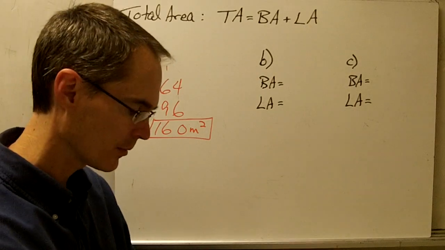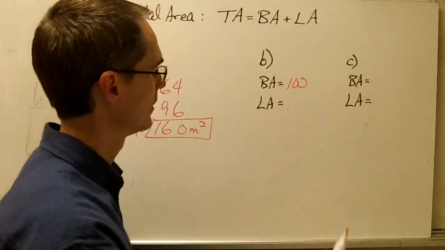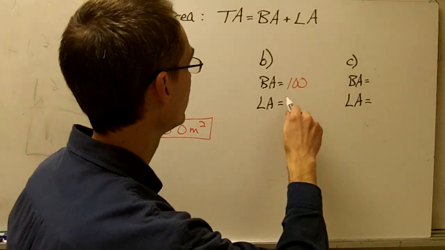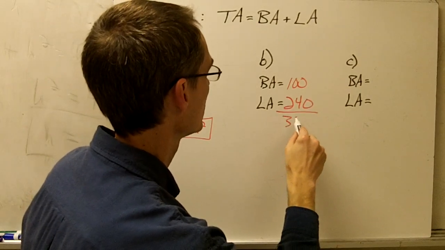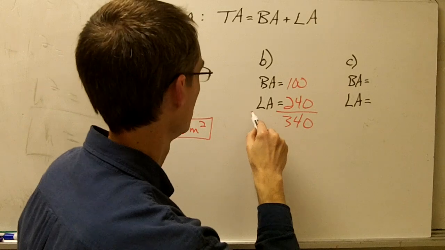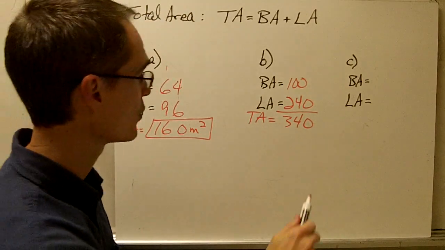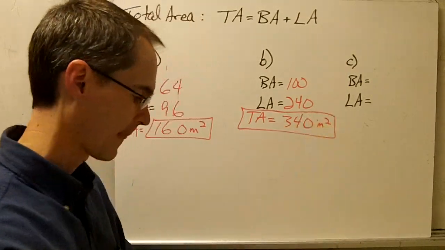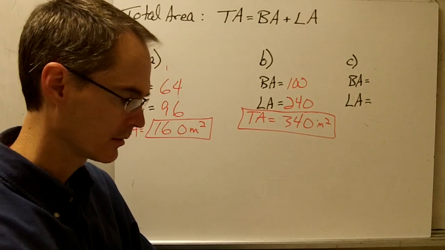Let's see, for B, my base area is 100. My lateral area is 240. So I add those together and I get 340. And that is square inches. And let's see, finally, my hexagonal pyramid.